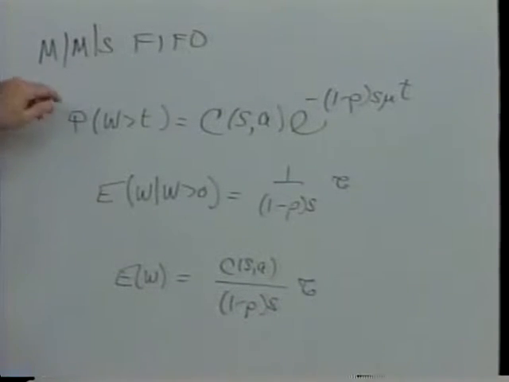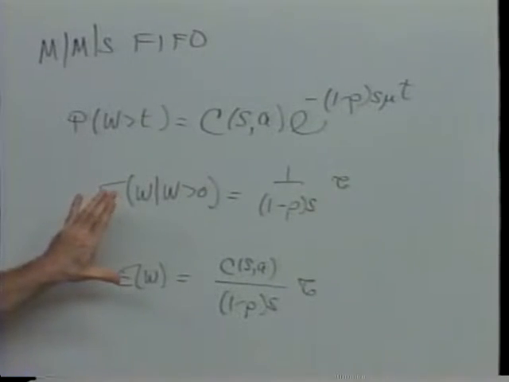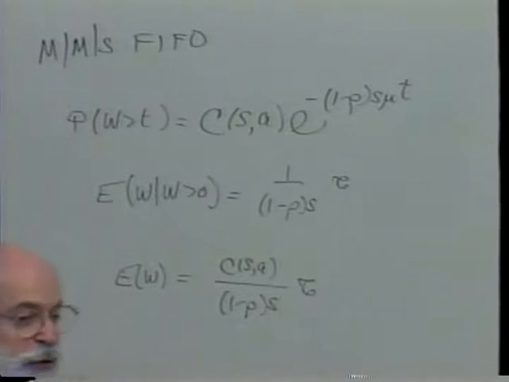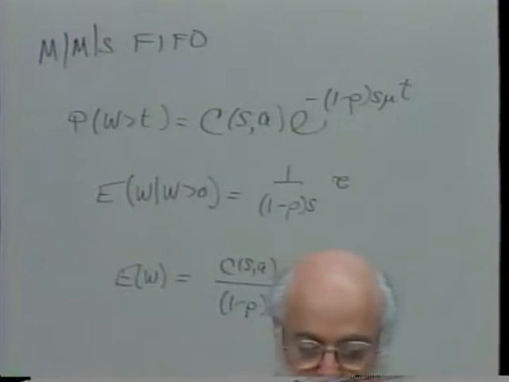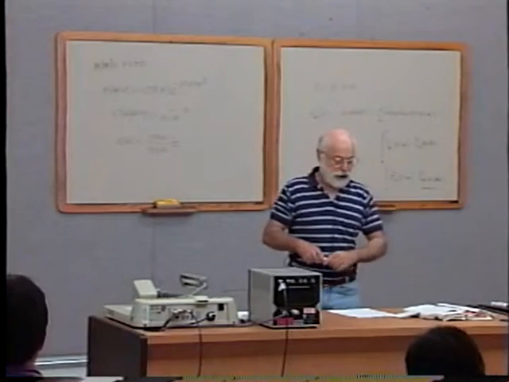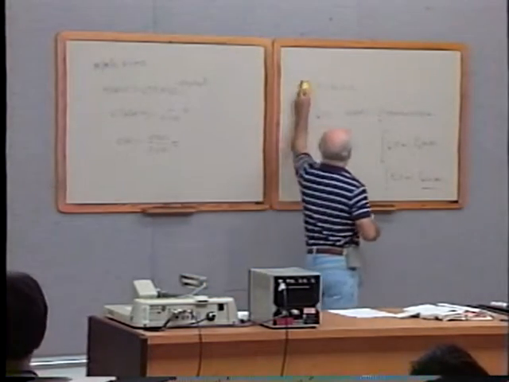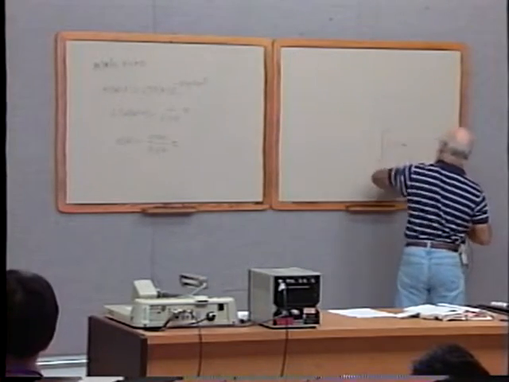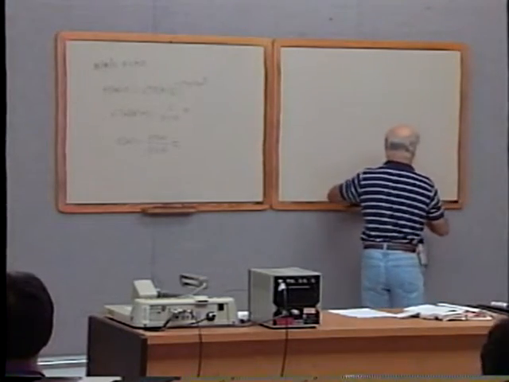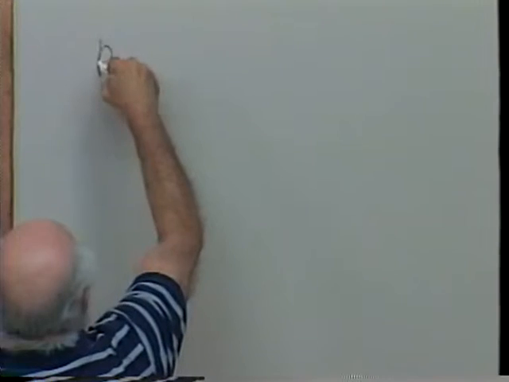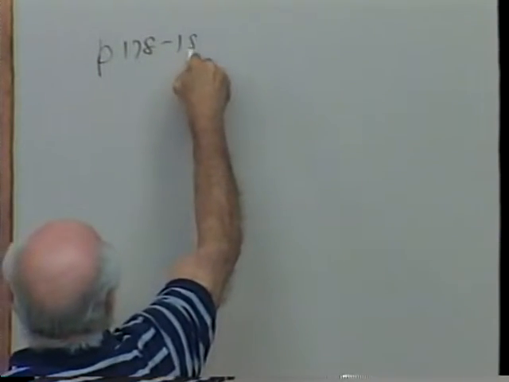Now, I want to talk about the relationship between the average time you spend in the system and the average number of customers in the system. So now I'm switching gears, and I'm talking about stuff that's in the book on pages 178 to 185.